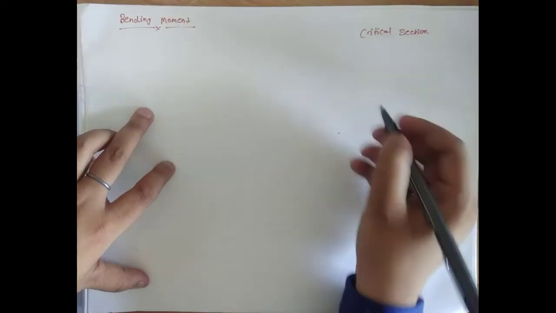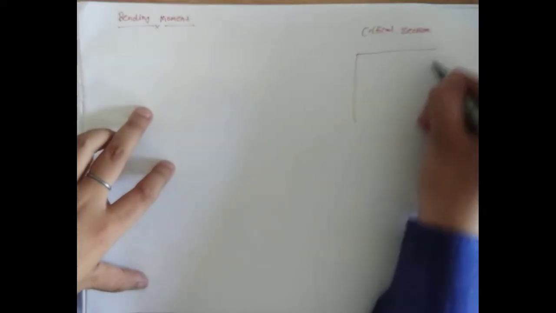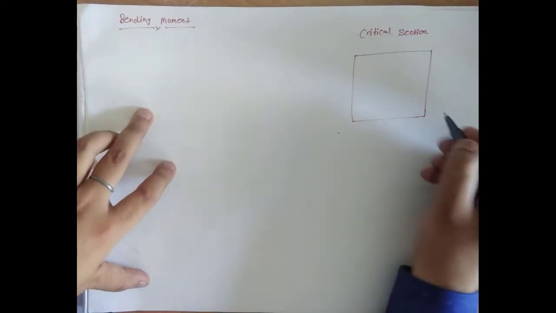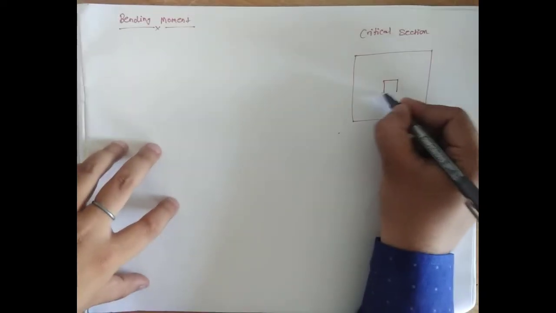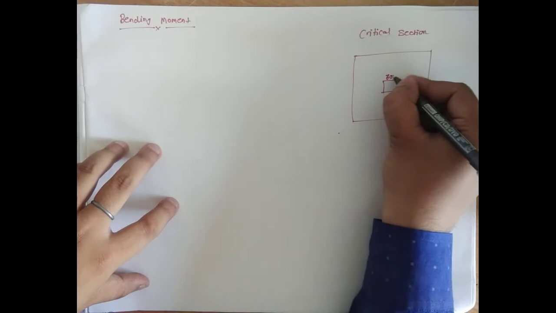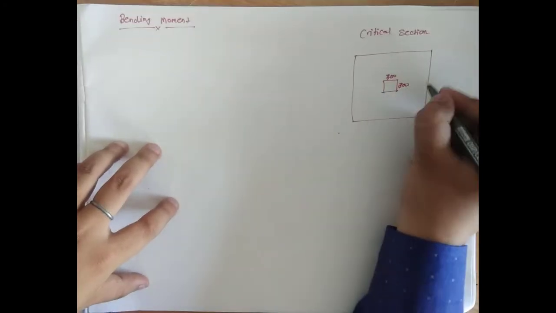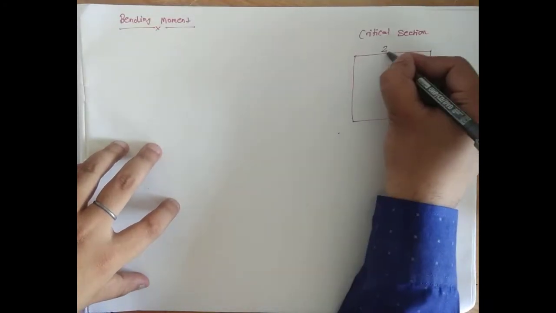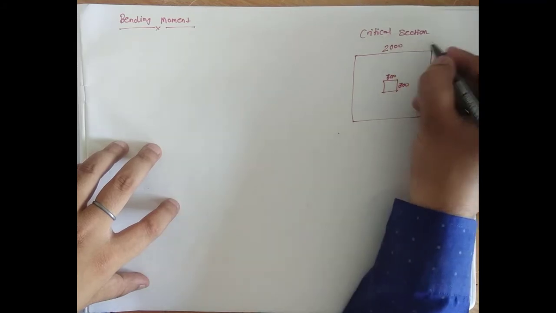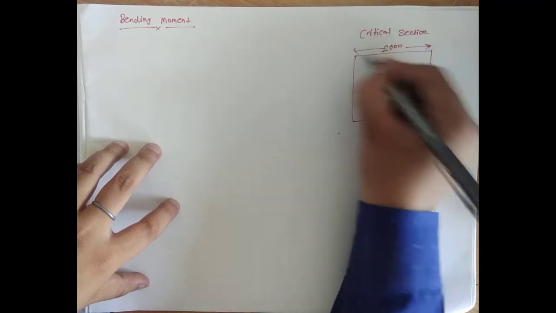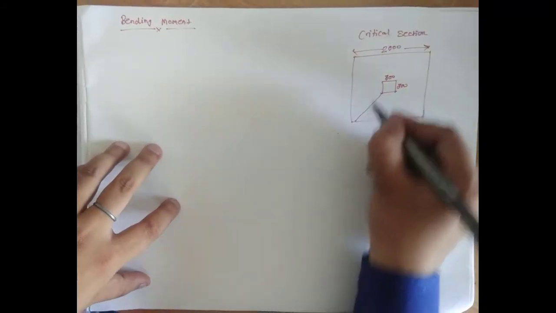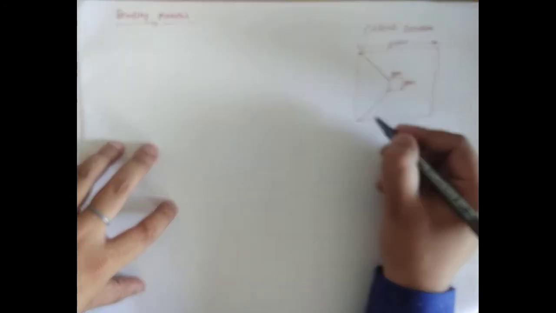We need to try to understand the critical section. This is your column, which is 300 by 300. This is the entire width in mm, and this is the shaded portion, the critical shaded portion.